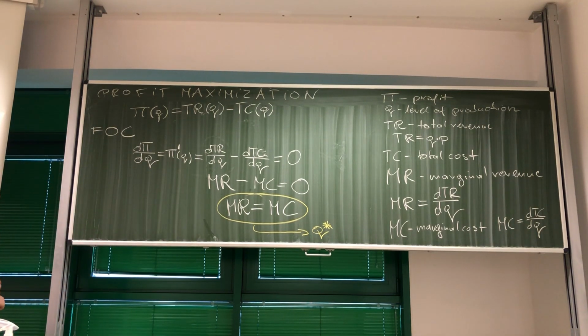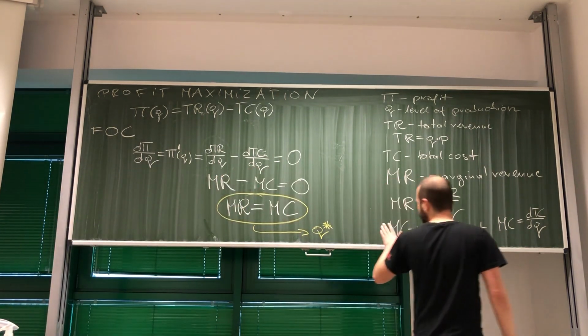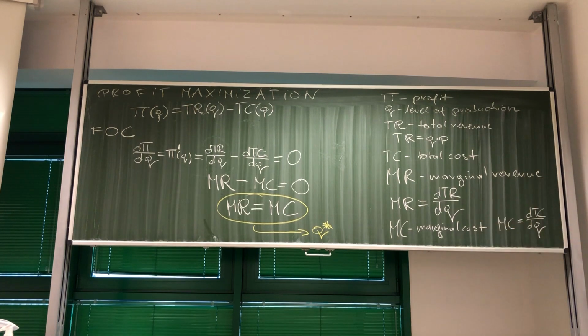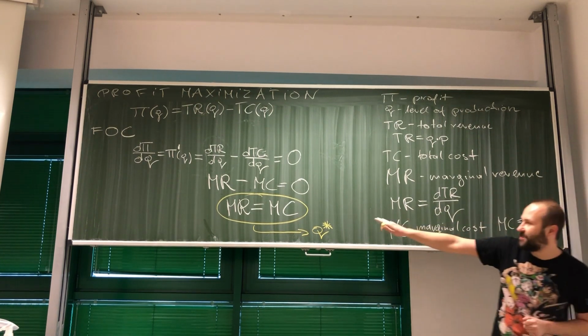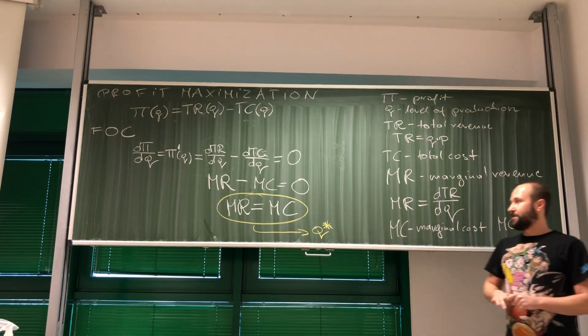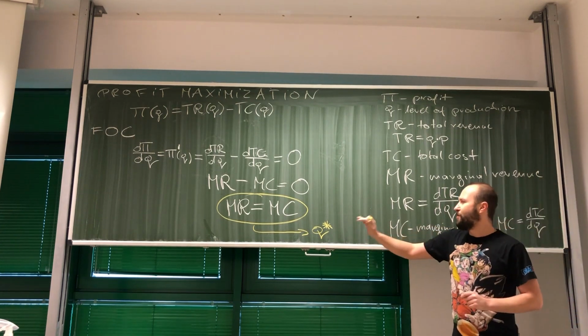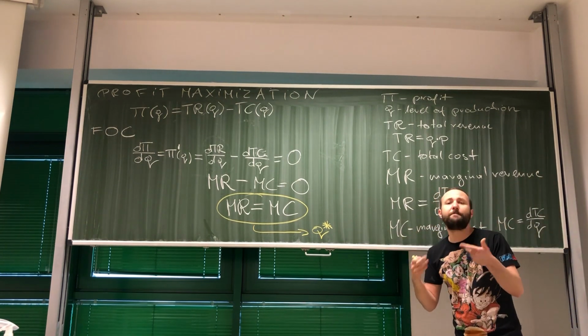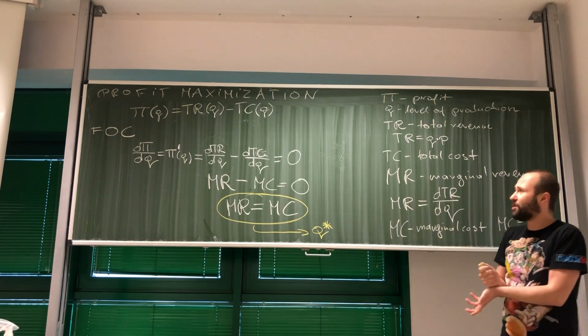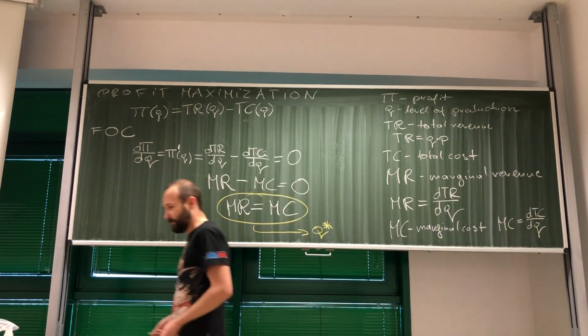If the function is complicated enough, we might get more than one level of production that satisfies this condition. And look, at this moment, we do not actually know whether this is maximum profit or maybe a minimum profit, because the same first order condition is for both maximum and minimum.